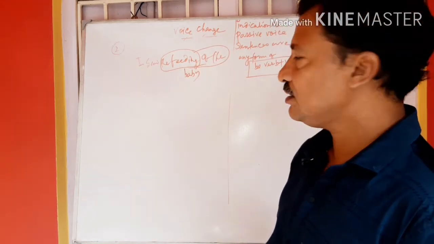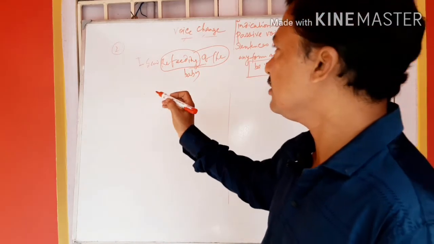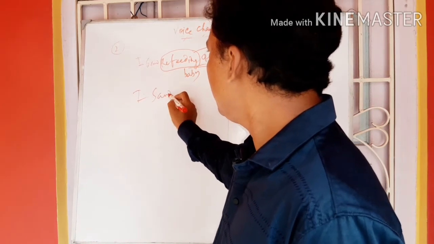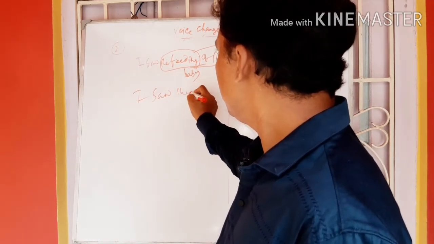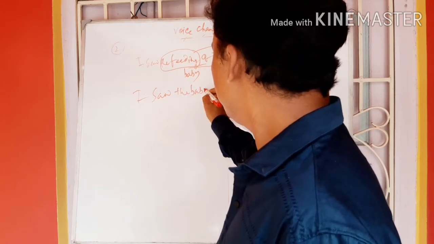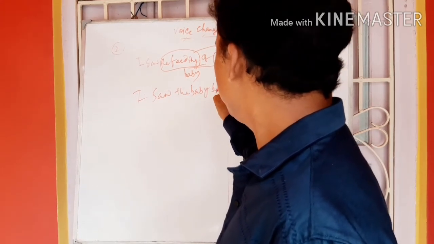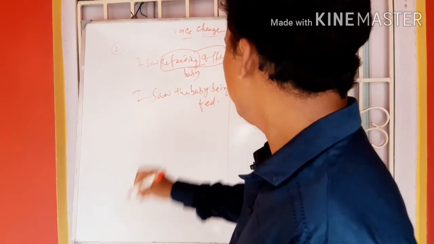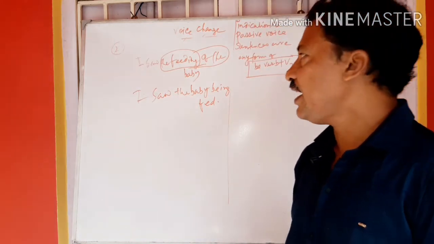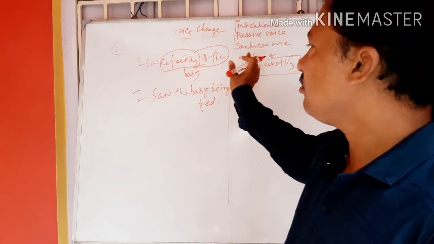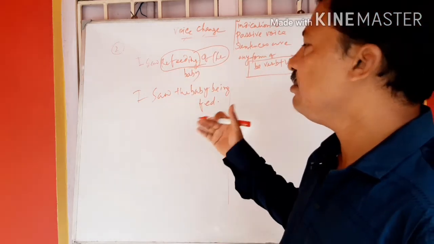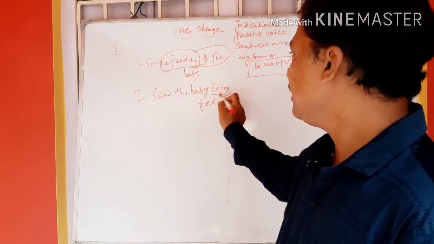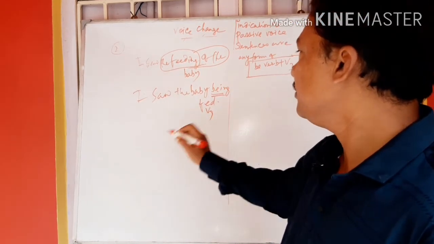And in this case, when we go to change voice, the answer will be I saw the baby being fed. I saw the feeding of the baby means I saw the baby being fed. And in such cases, this being must be used, and this is V3.